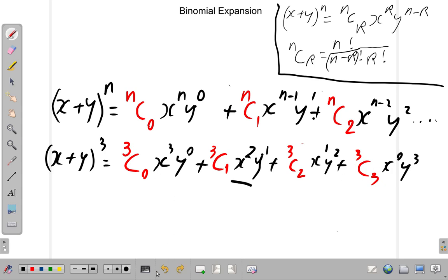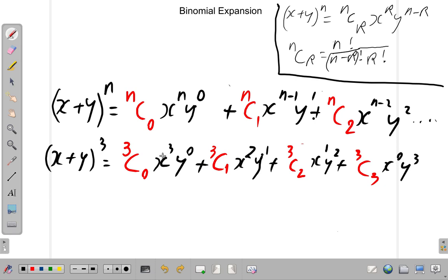So the powers of x will be 3, then 2, then 1, then 0. The powers of y will be 0, 1, 2, 3. In other words, the power of the first term will start from the power that you're raising the expression to and go down to 0, one step at a time.